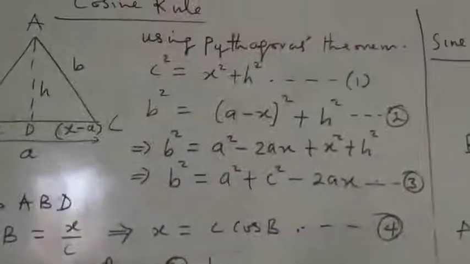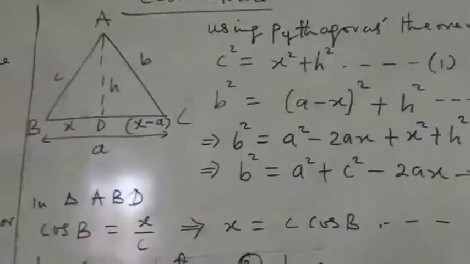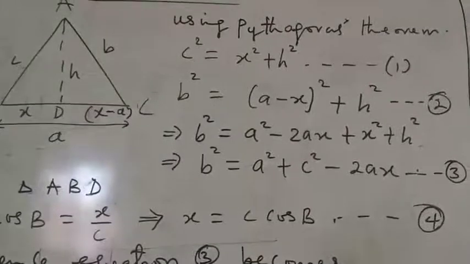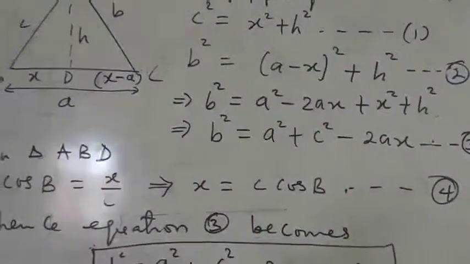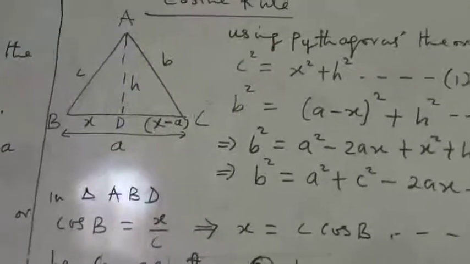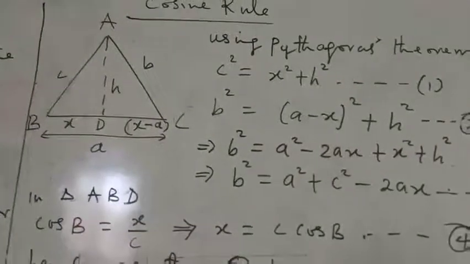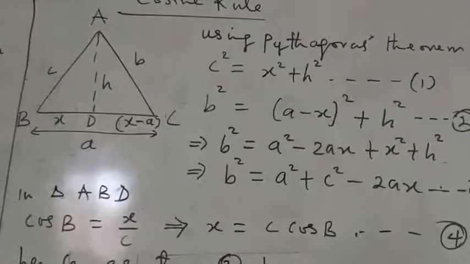Now let's look at the cosine rule. Using Pythagoras theorem in that diagram ABC, c square equals x square plus h square, equation 1. Now b square is the same thing as a minus x square plus h square in that diagram.